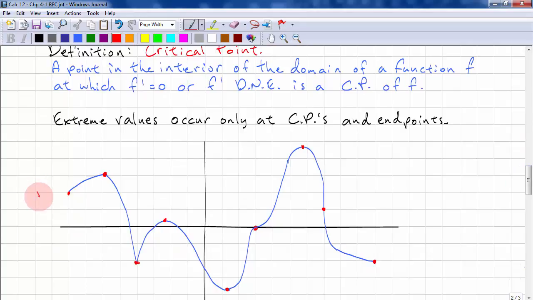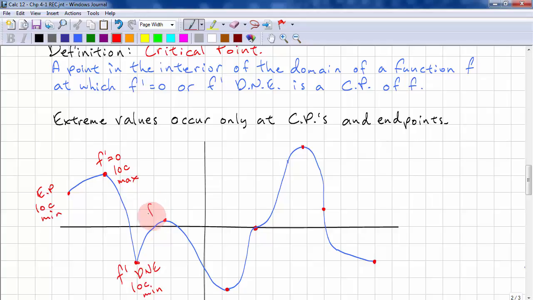Okay, here we have an endpoint. It's a local min. Here we have f prime equals 0. This is a local max. Okay, because this value is bigger. Here, f prime does not exist, and it's a local min.